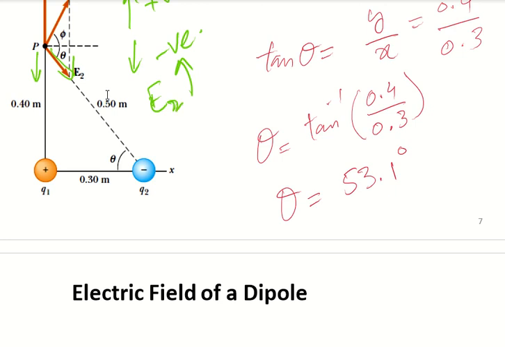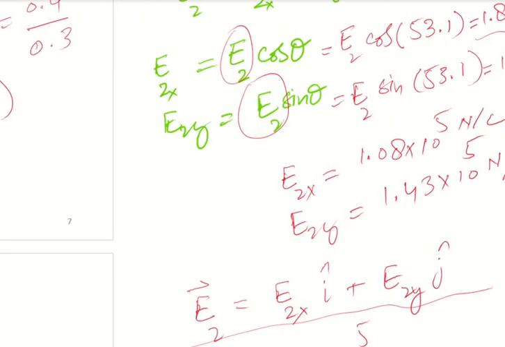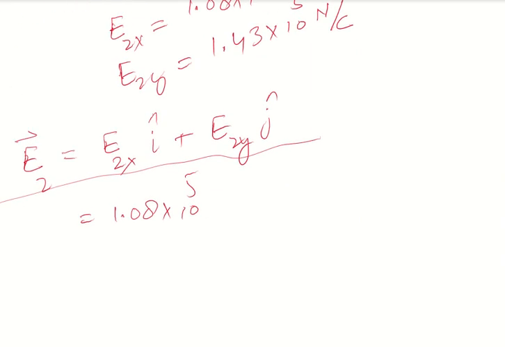So we have to write minus sign here. So we write, when we are writing it formally, 1.08 into 10 to the power 5 Newton per Coulomb in the i direction, and minus 1.43 into 10 raised to the power 5 Newton per Coulomb in the j direction, because the positive j is upward and this is in the downward direction, so we have to write minus with it. And this is the net field, okay, the components of the field.